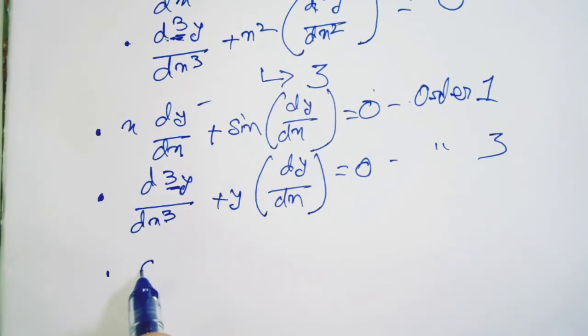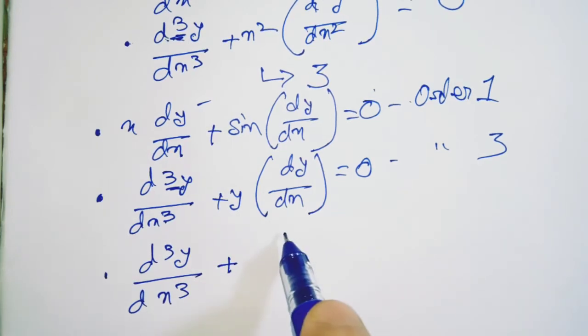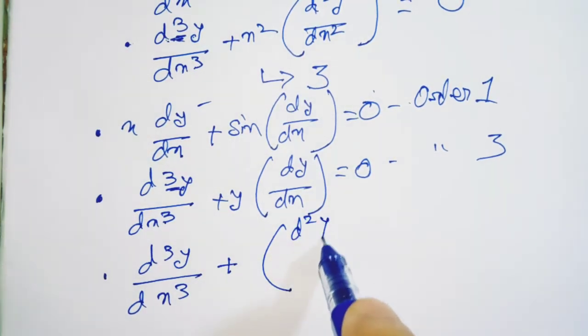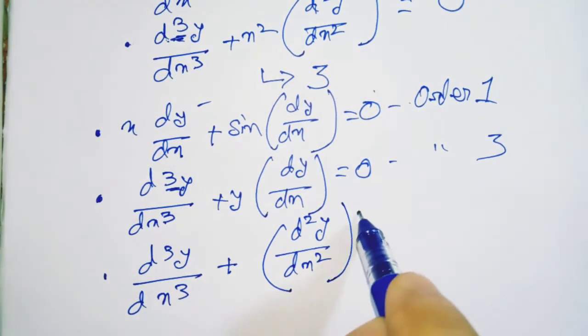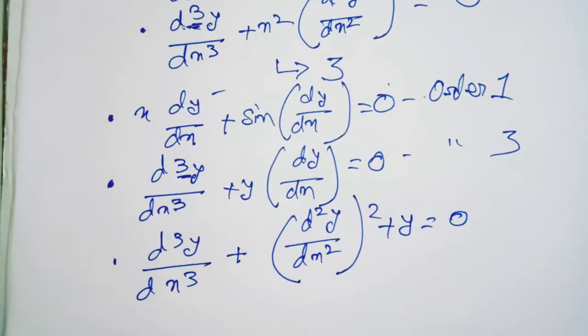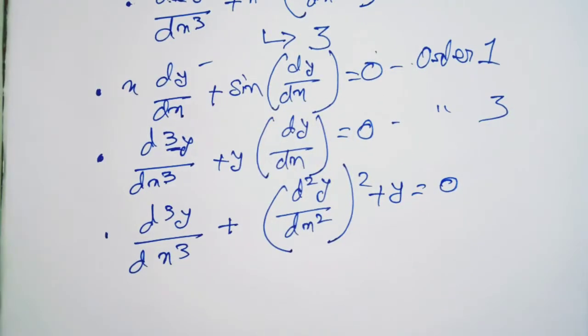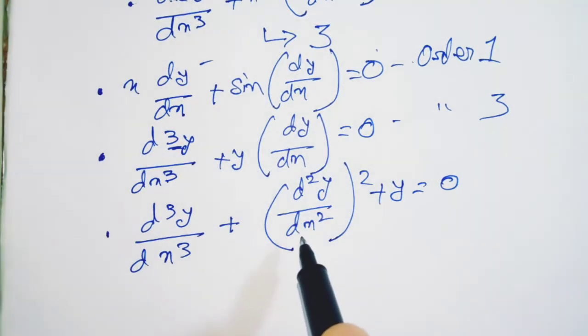We use d³y/dx³ plus (d²y/dx²)² plus y equals 0. If this is my differential equation, what is the order? A few people might be wondering about what is written over here, this part.